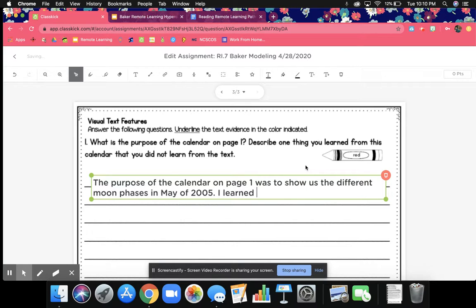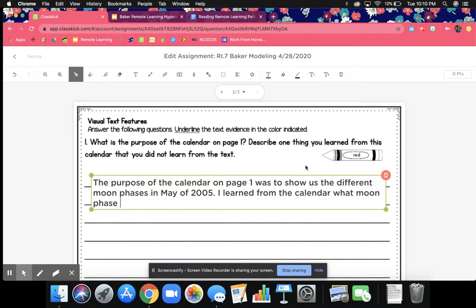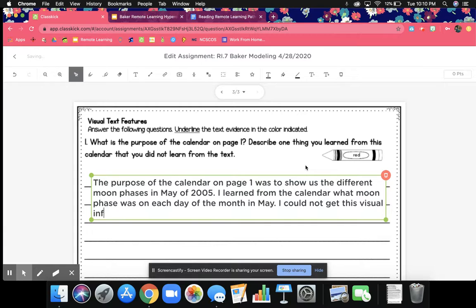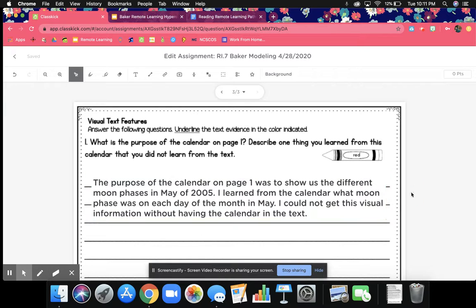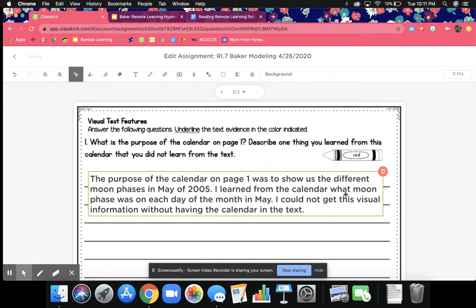I learned from the calendar what moon phase was on each day of the month in May. I could not get this visual information without having the calendar in the text. You cannot see a picture by just reading a text.